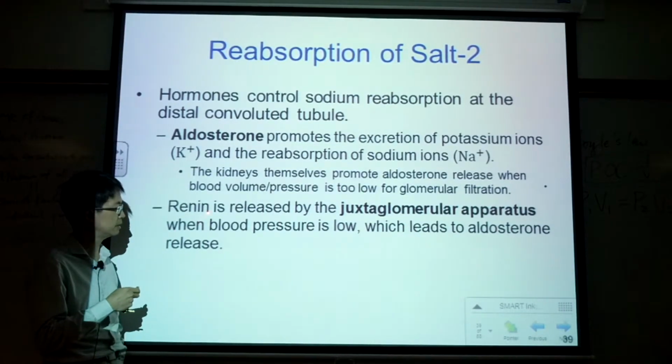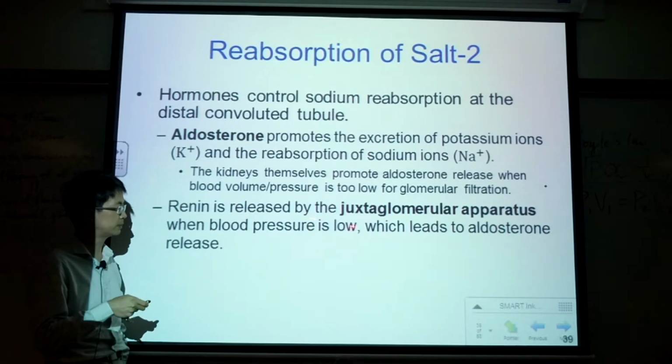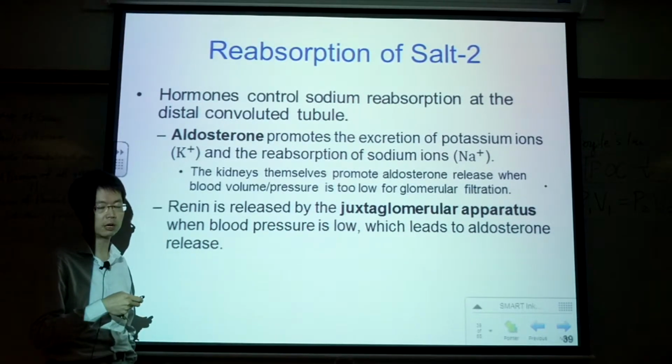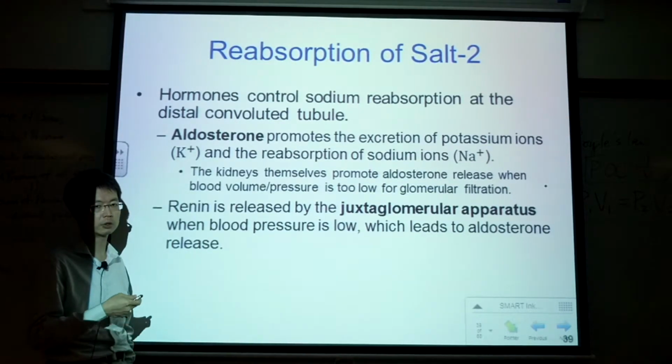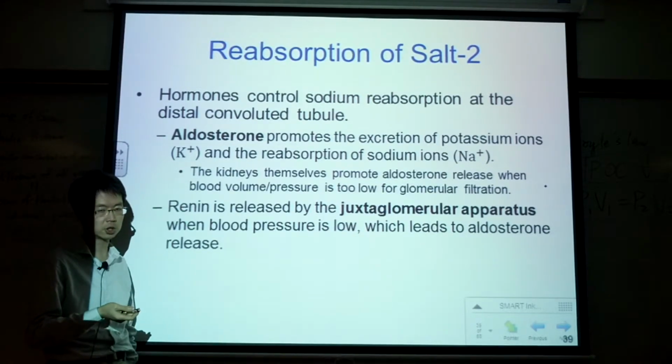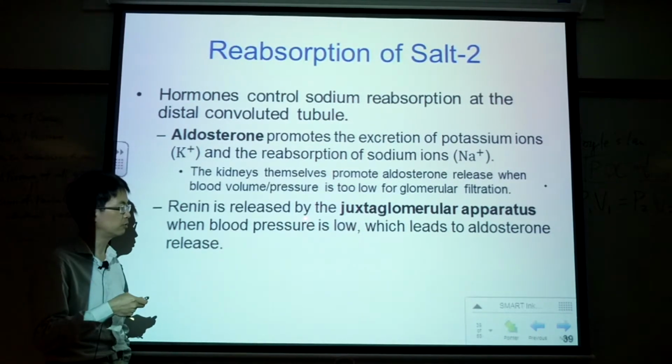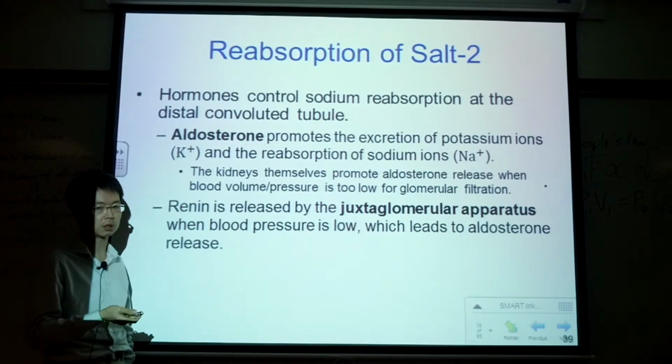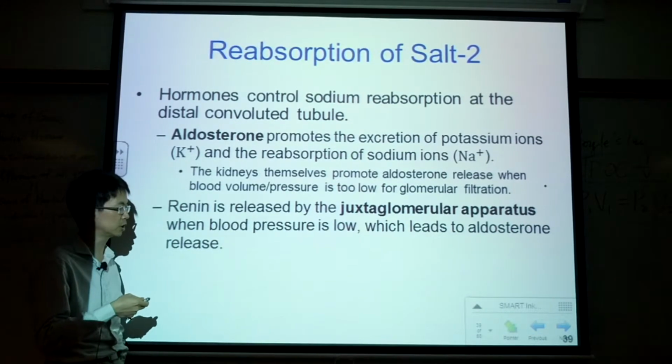And then renin, when your blood pressure is low, meaning that we don't get enough blood, the blood volume drops. When blood volume drops, it can be due to dehydration, it can be due to a hemorrhage, and so on and so forth. Then we want to reabsorb more water to maintain the blood volume and also the blood pressure.